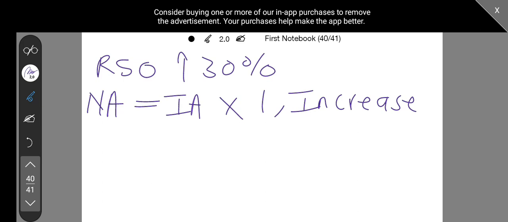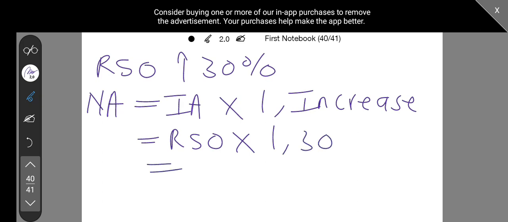So initial amount is equal to 50 rands multiplied by 1 comma the increase, which is 30. So we're going to punch that on the calculator to see what we get. 50 multiplied by 1 comma 30, and that gives us 65.